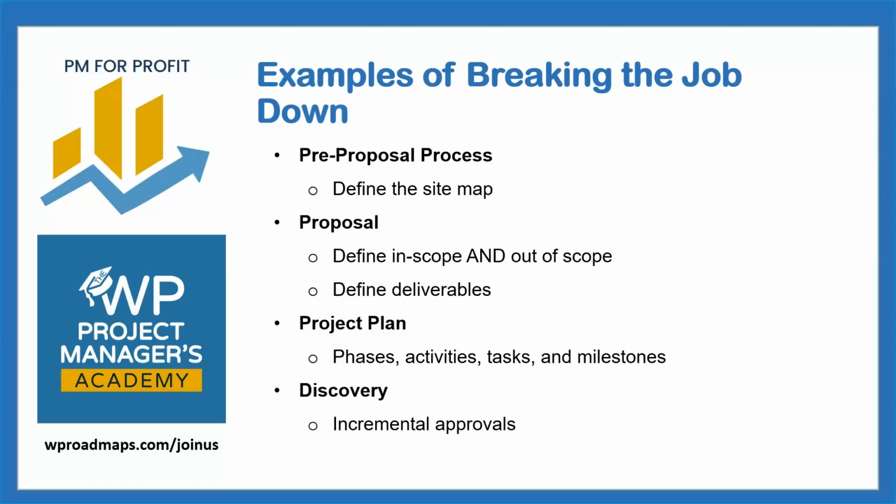And then finally, during the discovery, as I mentioned before, you can use those incremental approvals as a way to break the job down: smaller deliverables, get each one approved as you go along. And then when you get to the end, you're just asking for one final approval on the whole thing.